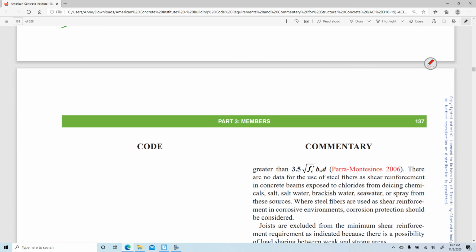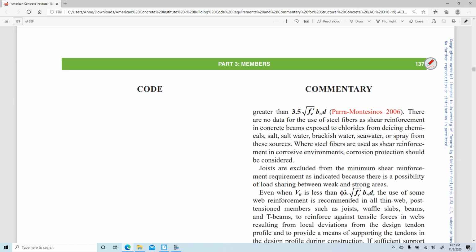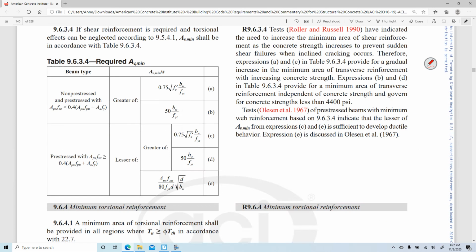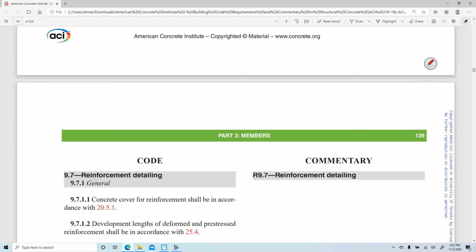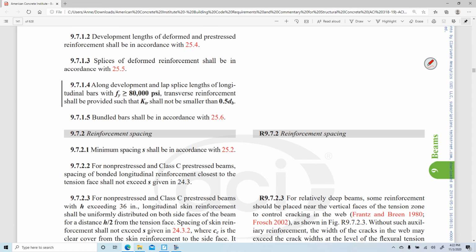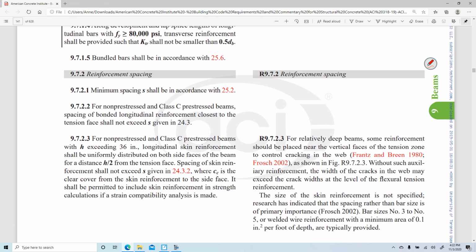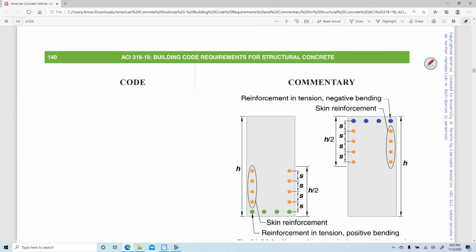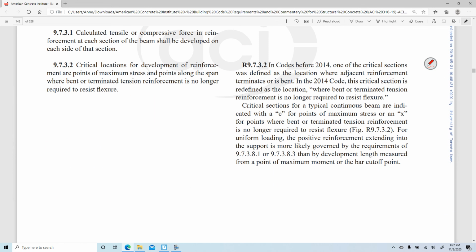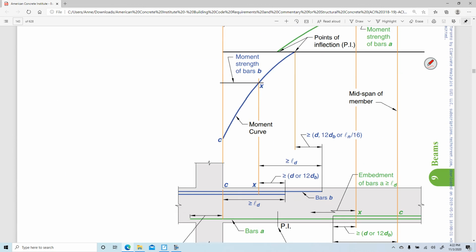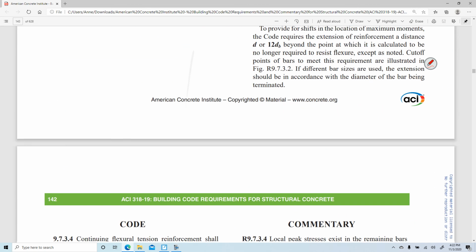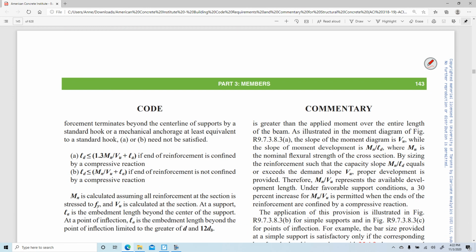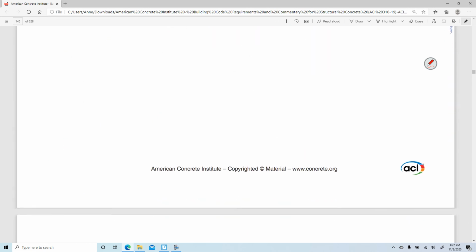And if you go to 9.7, you're talking about the details of that reinforcement. That's where we had our minimum spacing discussed, and more detailing with tension reinforcement that we haven't gotten into, with how long stuff needs to be.